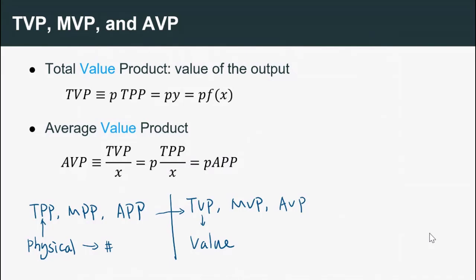We can further write this as P times Y if we assume TPP is a function, or we can also write it as P times f(x). And I'd like to mention here that in our assumption of perfect competition, where we assume that the firm or the producer is a price taker, P is just a constant term.